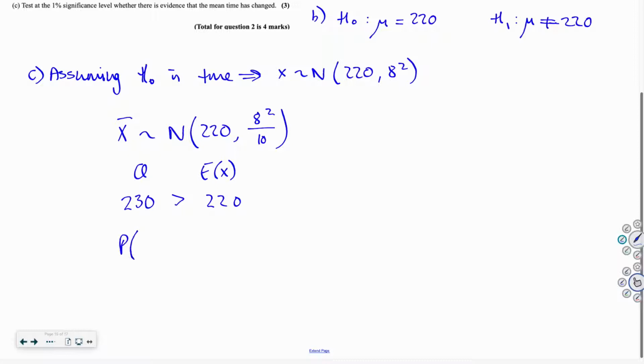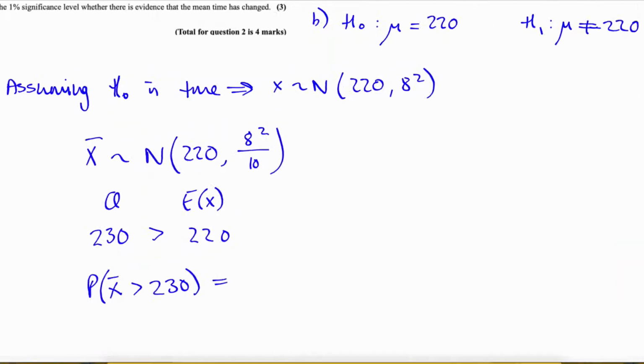So the probability of X bar, or our sample mean, being greater than 230 is equal to, and now we're just going to put that into our calculator. Once we do that, we get a value of 0.000038613.